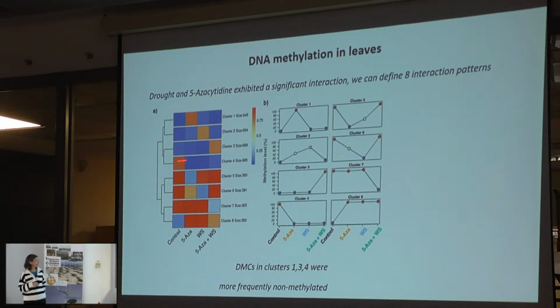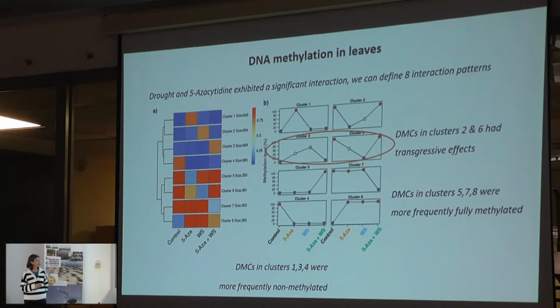In the first cluster, we have 4 groups of changes that are mainly non-methylated loci, whereas in the other group, most of them were more frequently fully methylated, like in red here.